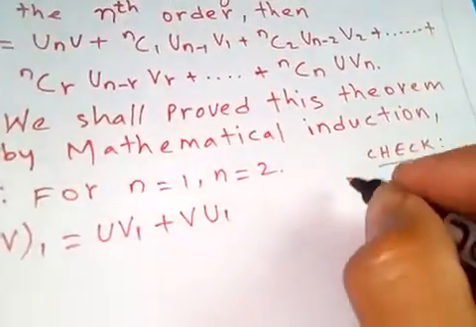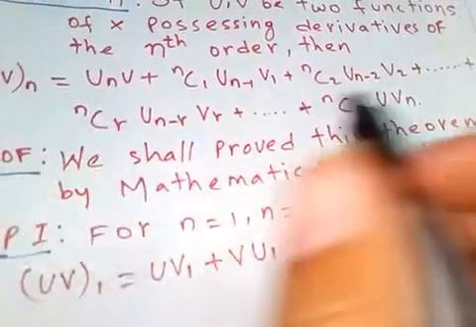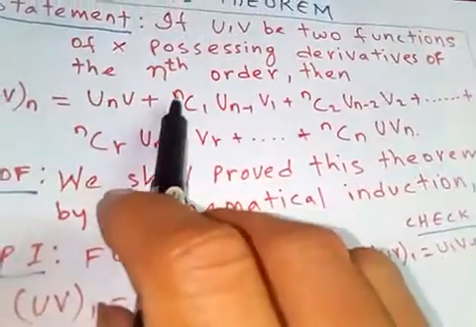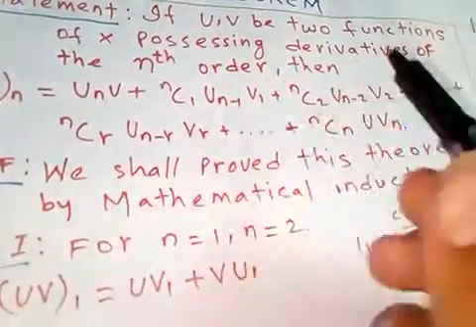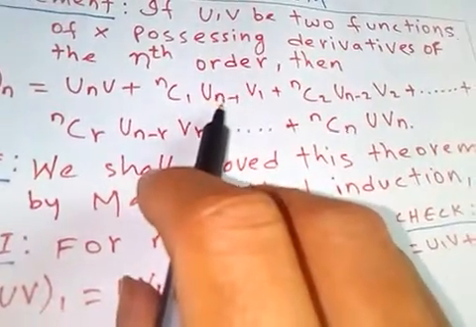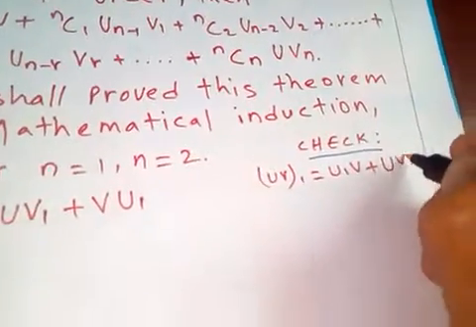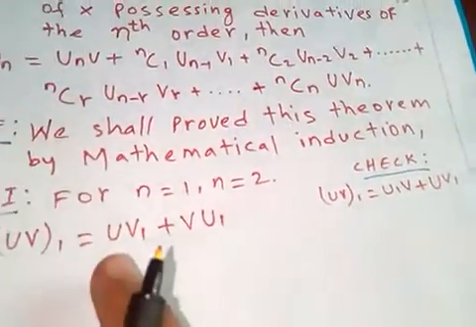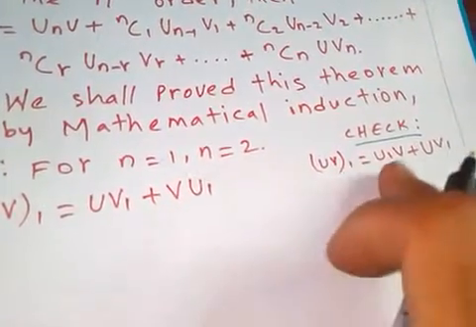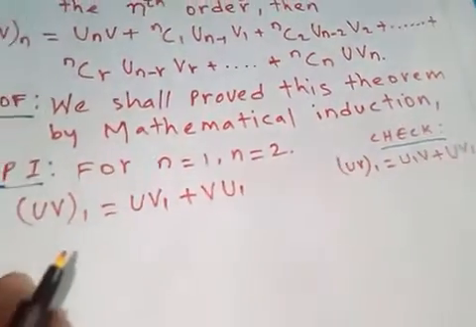What you get is (uv)_1 equals u_1 v plus 1C1, which is just 1, times u with 1 minus 1 meaning 0, so we just write u, times v_1. These are the same thing: v u_1 plus u v_1.